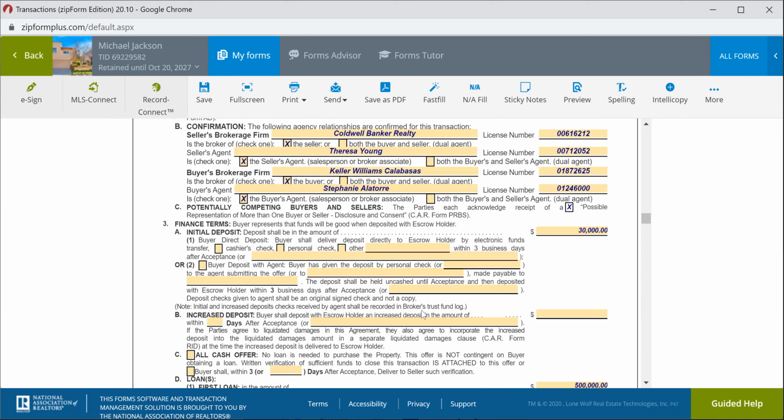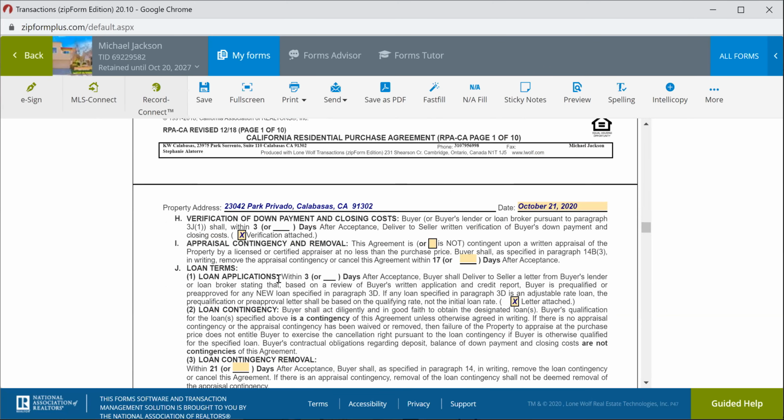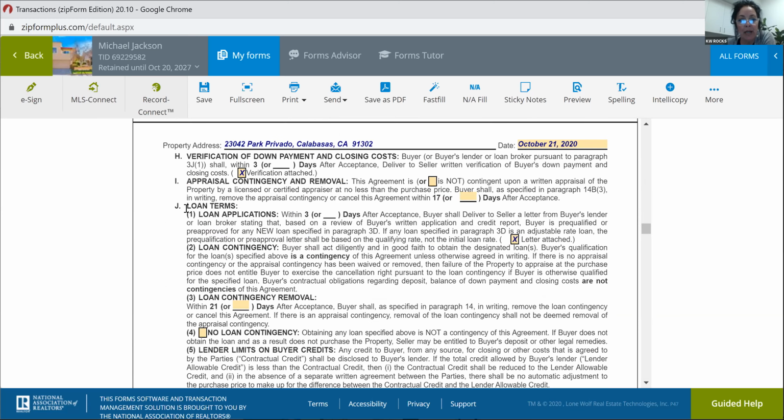Okay, cool. Thank you. Okay, so back here, verification, down payment, and closing costs. Remember, you guys are not working with any buyers until you have verification, the proof of funds, right? You don't need their whole bank statement and everything they spend money on. You just need the first page, black out their account number. We just need to know that they have the funds for their down payment and closing costs.